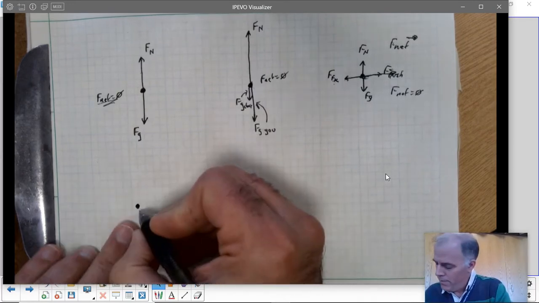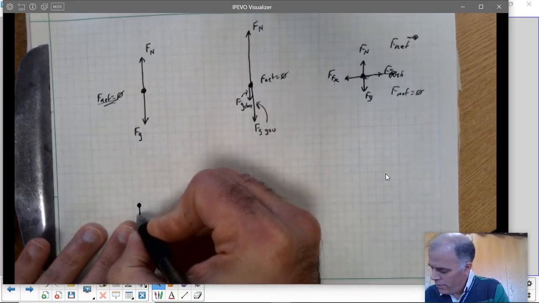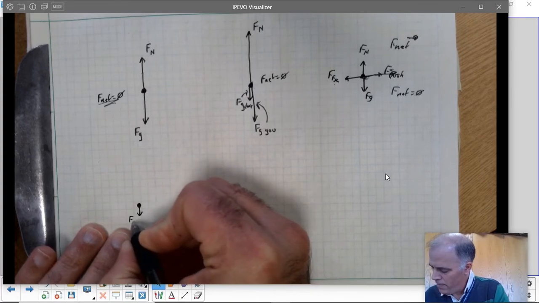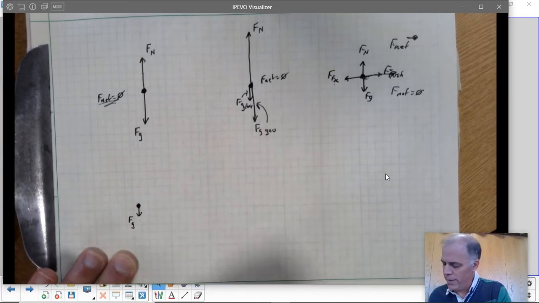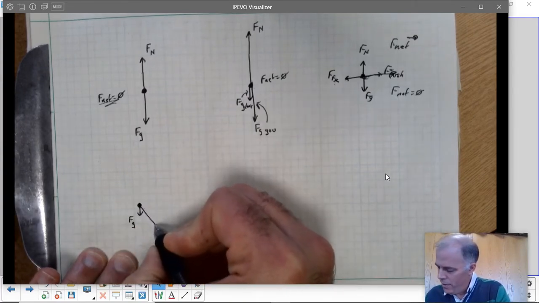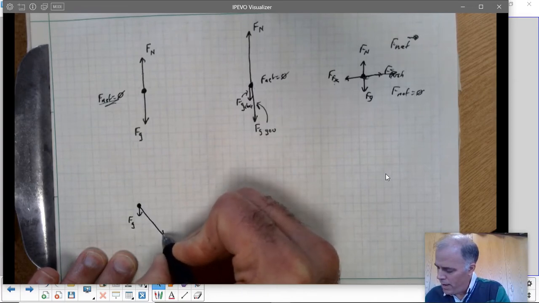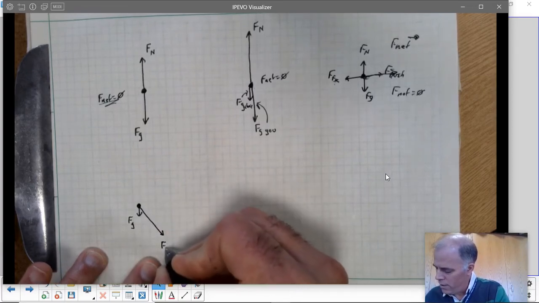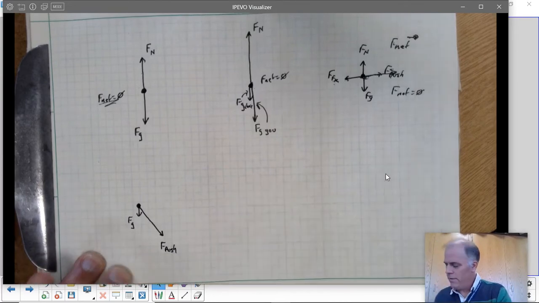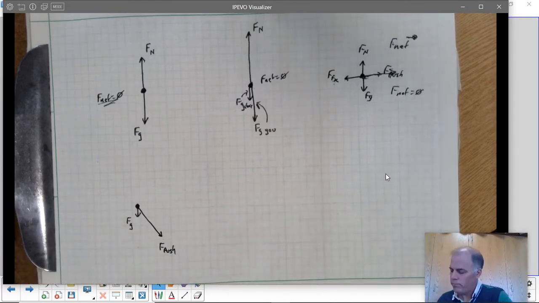Now there's a little bit of weight for the broom, F sub G, because it weighs a little bit. And then as you push it, you're applying a much greater force. So I'm going to call this the force of the push.